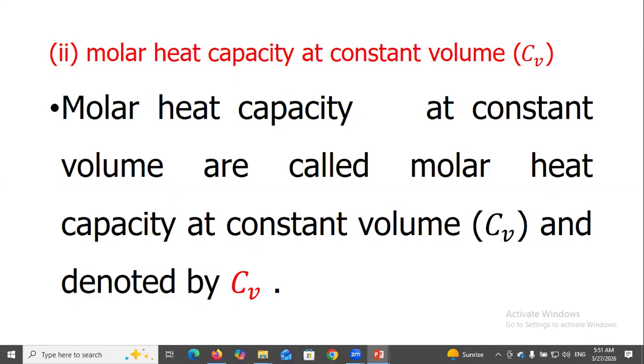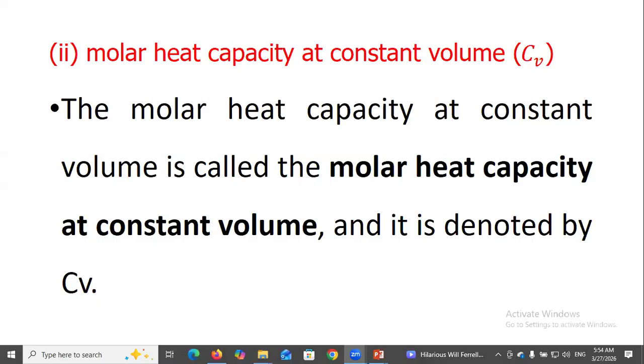Molar heat capacity at constant volume, Cv. The molar heat capacity at constant volume is called the molar heat capacity at constant volume and denoted by Cv.